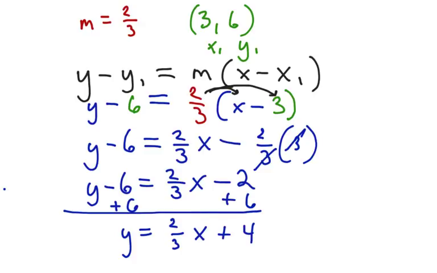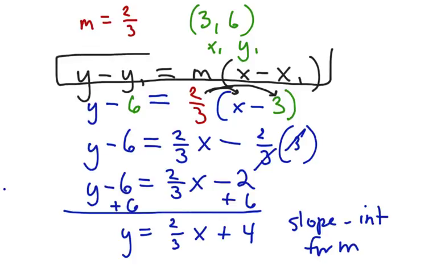And that's a form that you're familiar with. That's slope-intercept form. So we used a point-slope form. This up here is the point-slope form of the equation to help us write an equation in slope-intercept form.